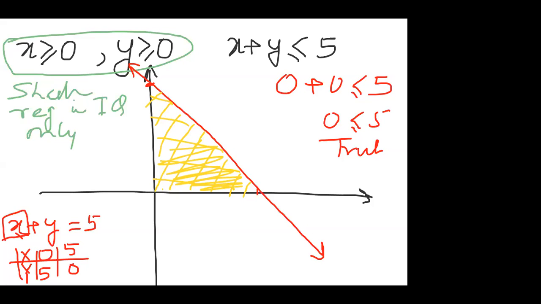Single line means like this way. It will take least time, but it depends upon your speed. If you want to make the shaded region in some other way, I don't have any problem in the examination also. So I suppose now you are able to understand how to make the graph and shade it.